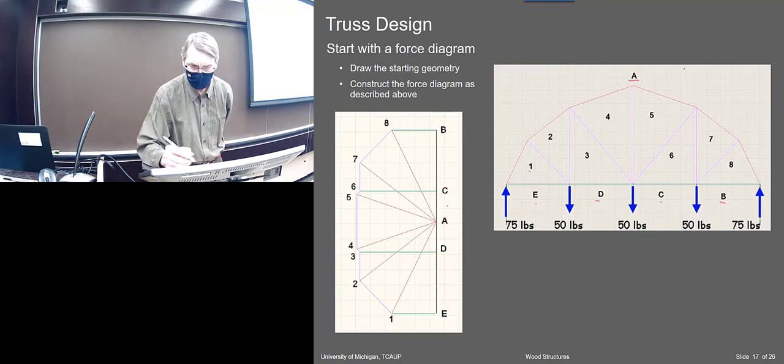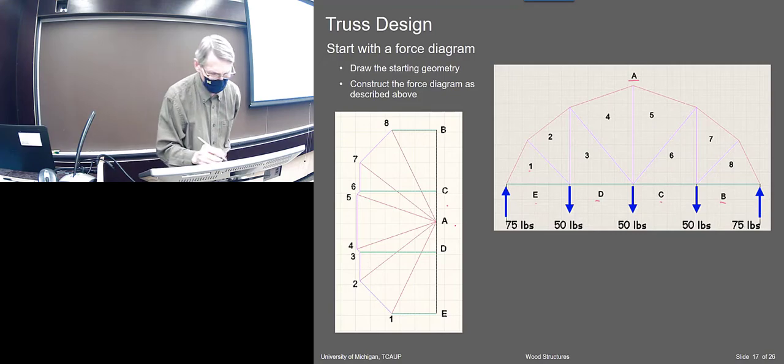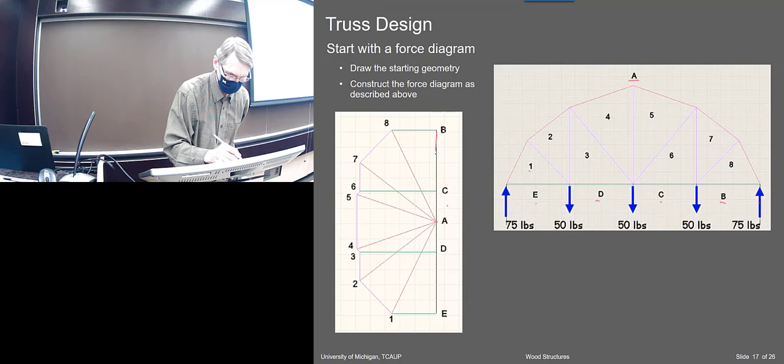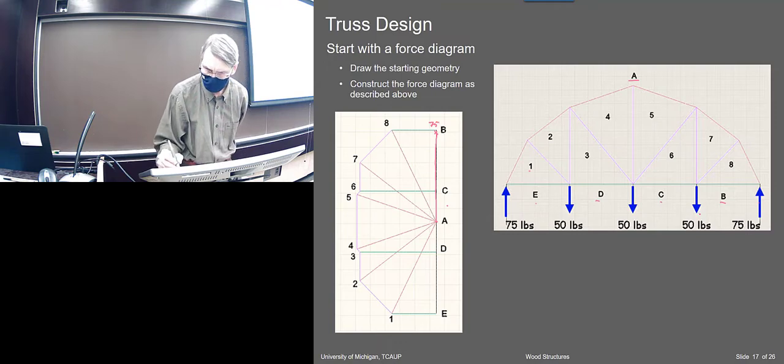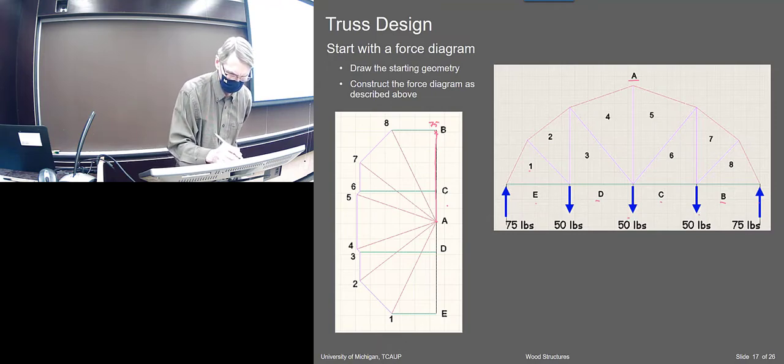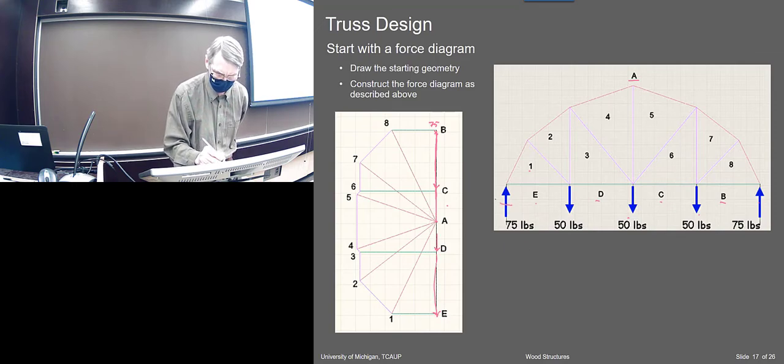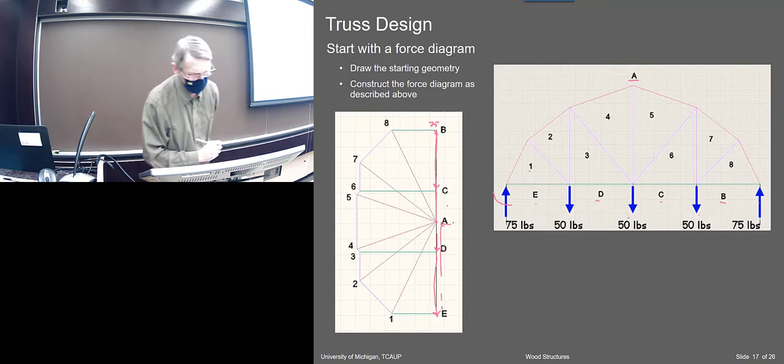Okay, so if I go from A to B, I'm going up 75, so there's the up 75, right? That was the 75, and then I drop 50, 50, 50, so it drops 50 to C, 50 to D, 50 to E, and then when I go past that, it comes back up, and it closes at A. So, okay, that worked.